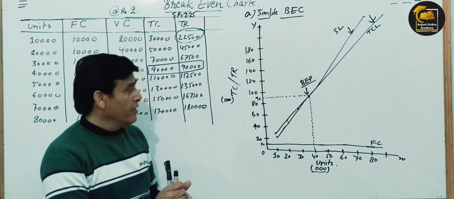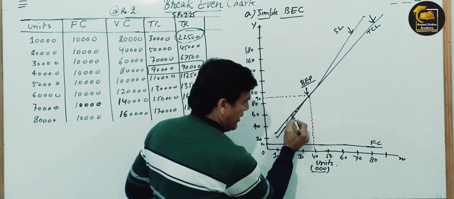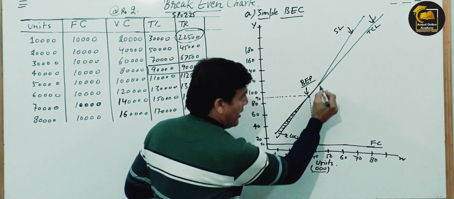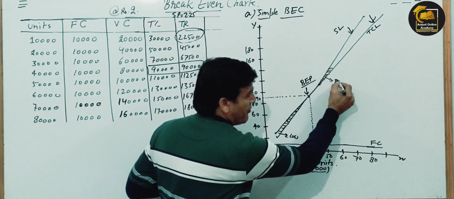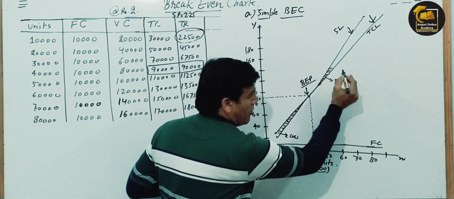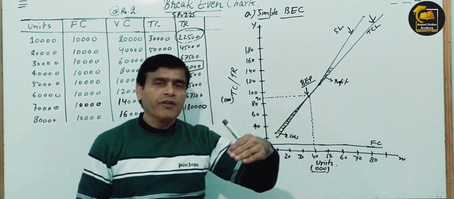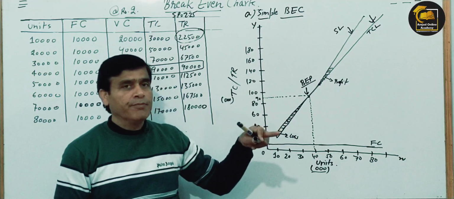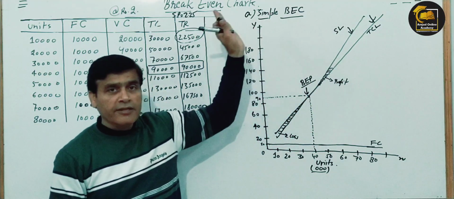Before the break-even point it is loss, and above this break-even point all is profit. Because before achieving break-even point you are in loss, first you have to reach the break-even point, and after that you start achieving profit, the entire profit.